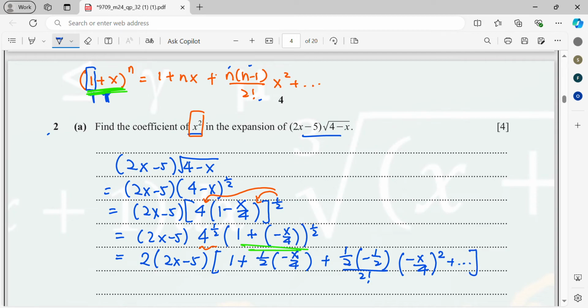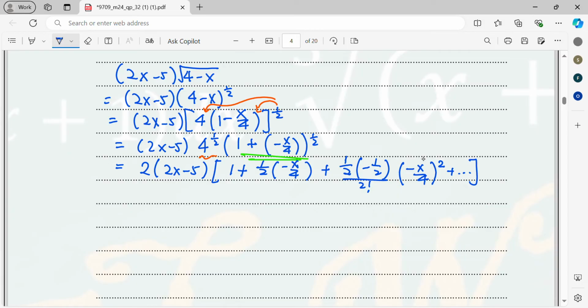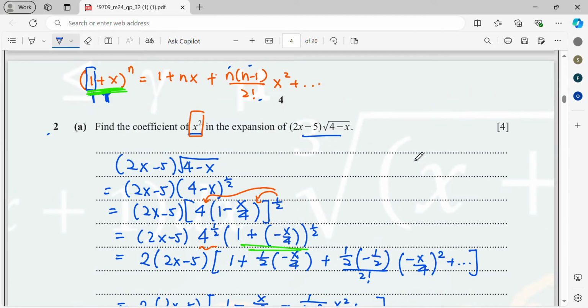Okay, so then from here, I will just rewrite the first two terms and simplify the terms inside the square bracket. So it will be 1 minus x over 8, then minus 1 over 128 x squared. Alright, so now when you look at the question, we are interested to get the coefficient for x squared.